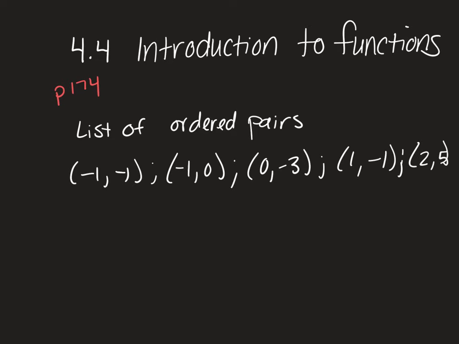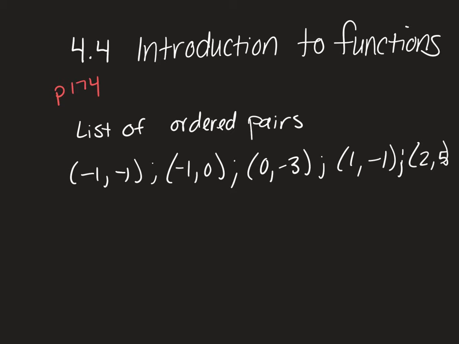Rather than being actual coordinates, you can think about it this way: we're just saying that there's some function where if you plug in -1 for x, you get 1 for y. So you're plugging them into an equation, basically.